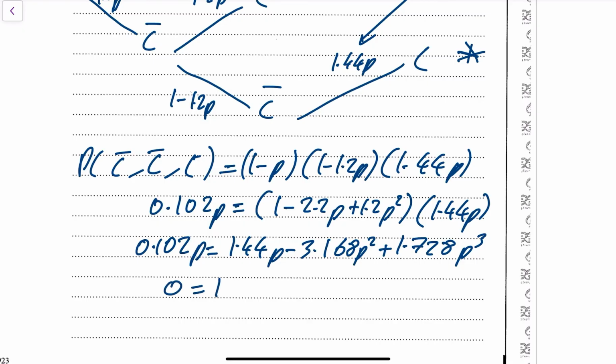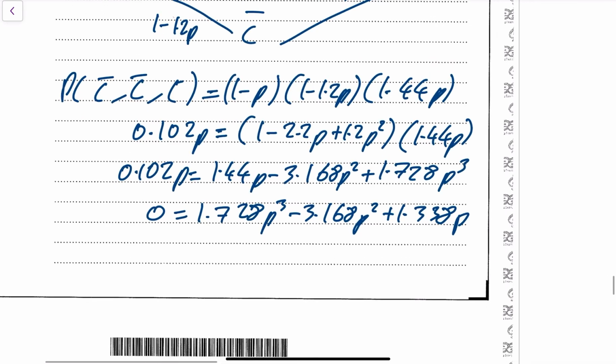I'll have 1.728p cubed minus 3.168p squared, and then plus 1.338p. Now you could pull a p outside of brackets.